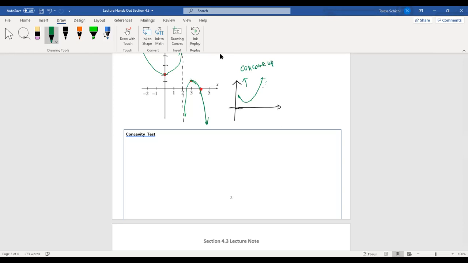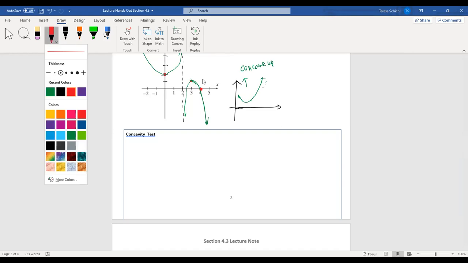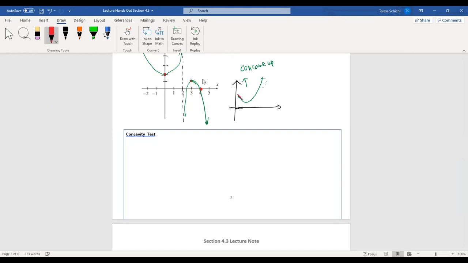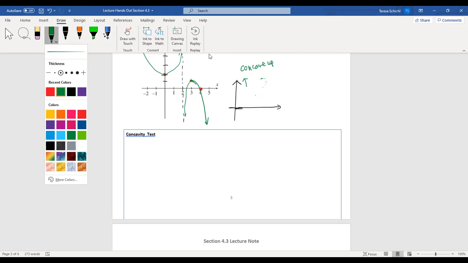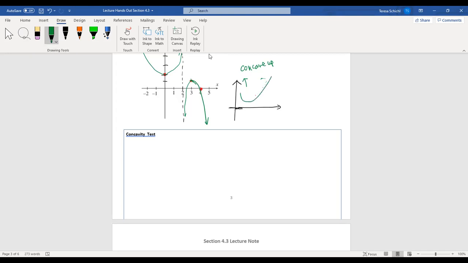How do we decide concave up? Let me see if you find the tangent lines here. So if this is my tangent line. Let's do this graph again. We call this concave up.